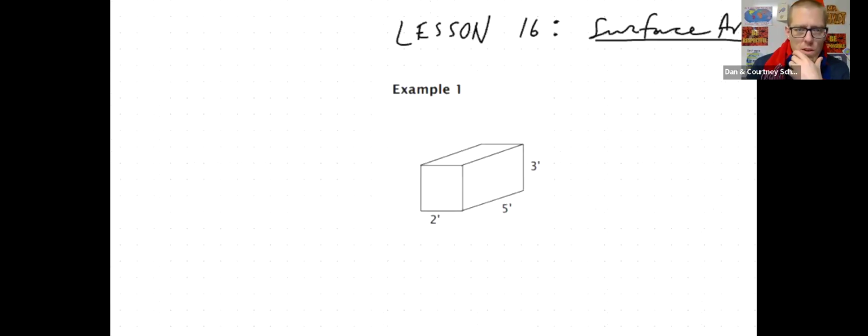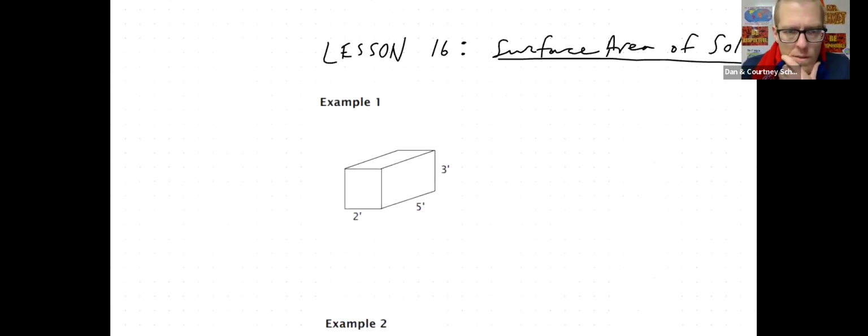If you haven't already, draw your little example 1, draw a little box somewhere. And if it helps, you can color in your box. It helps motivate some people if they color stuff. So let's say I colored the top red. What are the dimensions of that top?